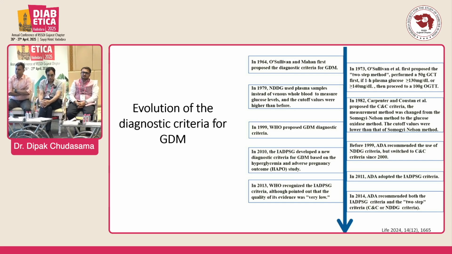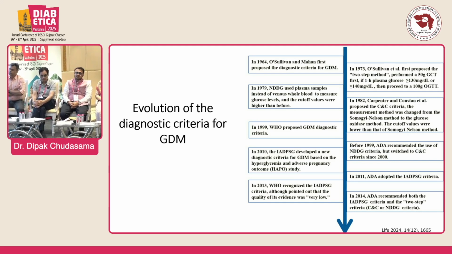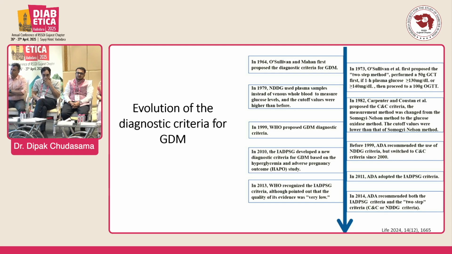In 1979, the National Diabetes Data Group used plasma samples instead of venous whole blood for measuring the glucose level, and the cutoff values were also higher than before. In 1982, Carpenter and Coustan proposed the CC criteria, and the measurement method was changed to the glucose oxidase method. Cutoff values were again lower than the previous ones.